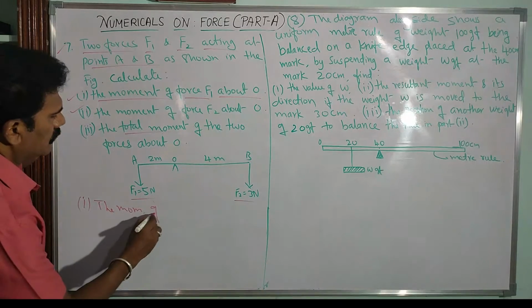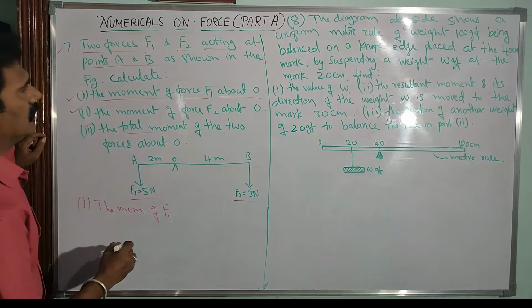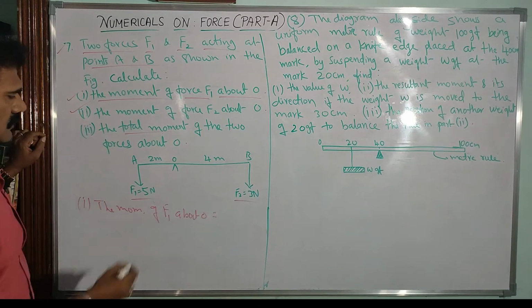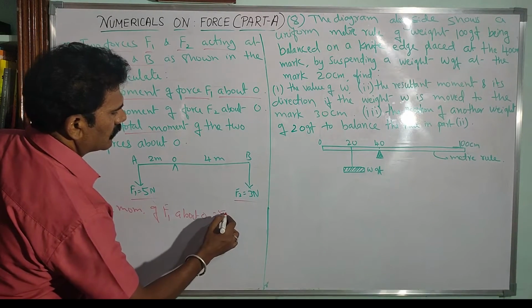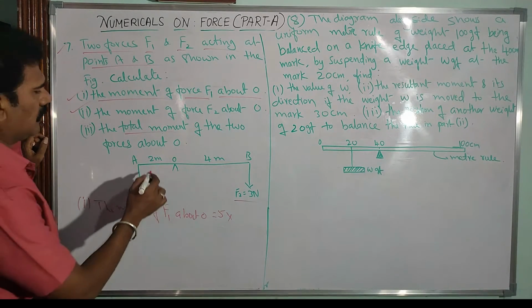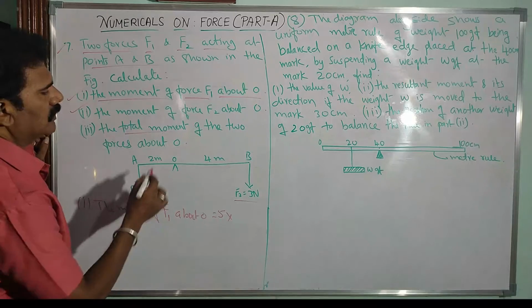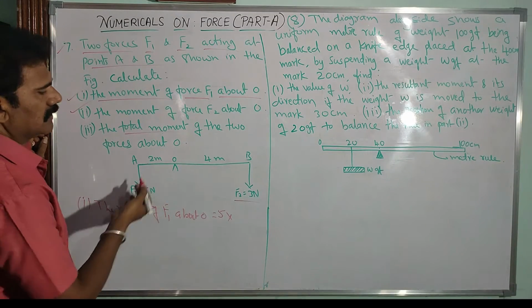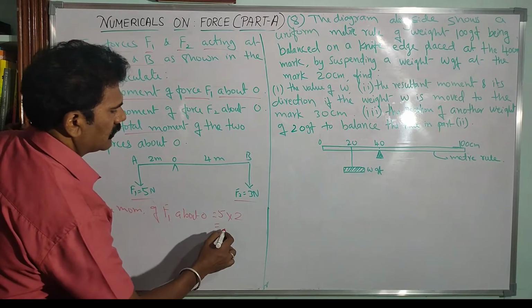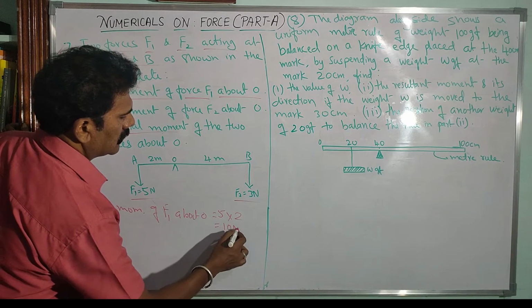Now calculate the first part, the moment of the force F1 about O. It is just the product of the force F1, 5 Newton, into the perpendicular distance of the force from the pivoted point, which is given here as 2 meter. So 5 into 2 is 10 Newton meter.